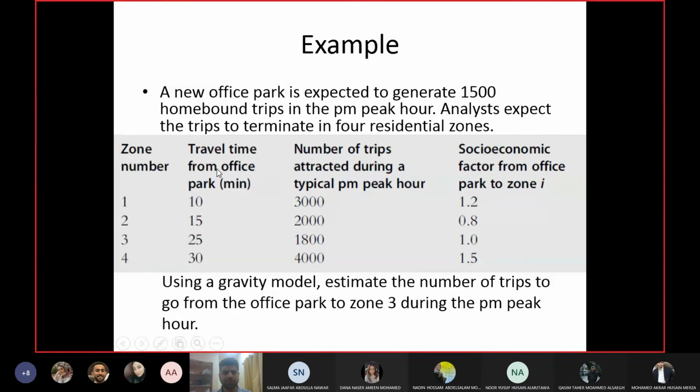So between each 2 zones I must have a value of K and a value of F. K is the socioeconomic factor, given for each zone. I need to calculate the frictional factor, which is the inverse of the travel time.